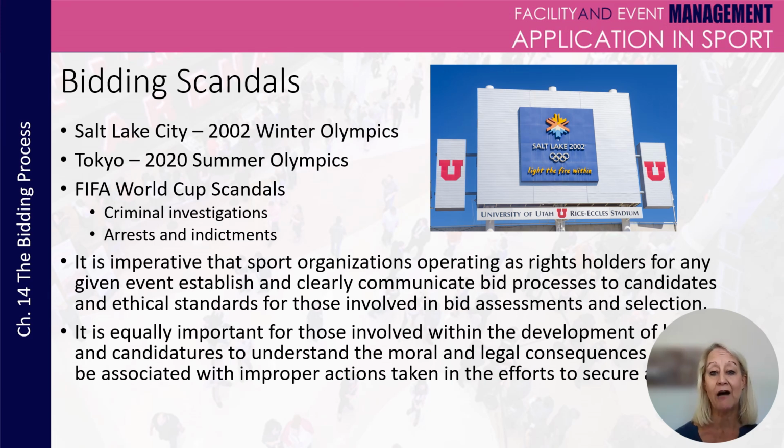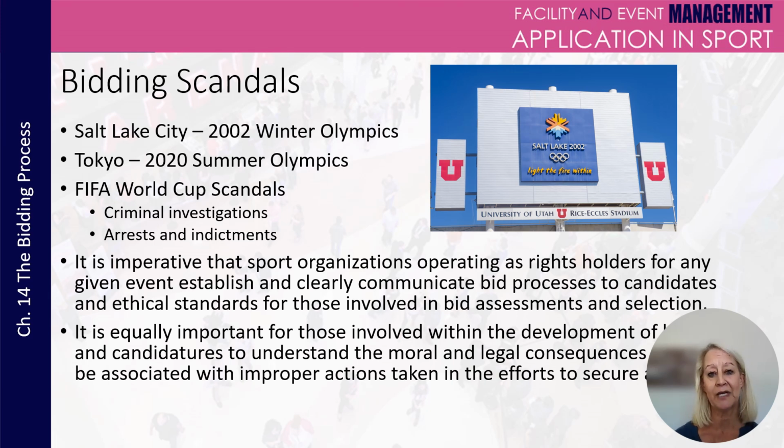Tokyo's bid was also clouded by allegations of bribery and unethical practices. Investigations into the bidding process revealed that the Tokyo Bid Committee may have used questionable financial contributions to secure votes from IOC members, leading to public scrutiny and debates over the transparency of the Olympic bidding process.